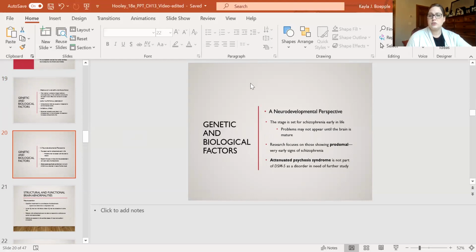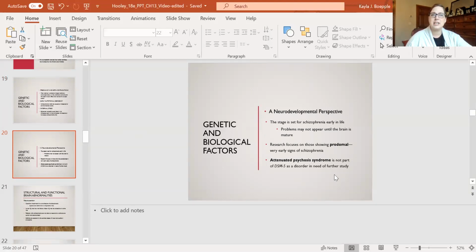We also have a neurodevelopmental perspective. The one thing that I want to point out here is that this perspective says we are not going to start seeing these symptoms until the brain is fully mature. There is a potential diagnosis in the future of attenuated psychosis syndrome, which is going to be a lesser form.